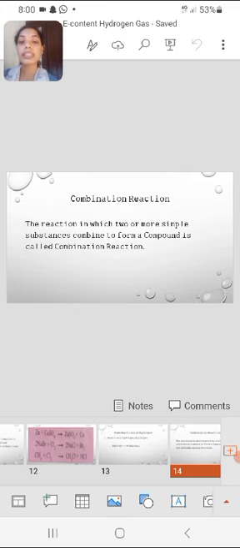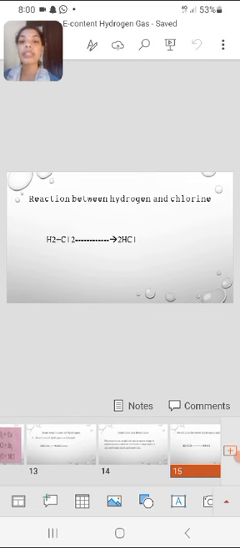The reaction in which two or more simple substances combine to form a compound is called a combination reaction.